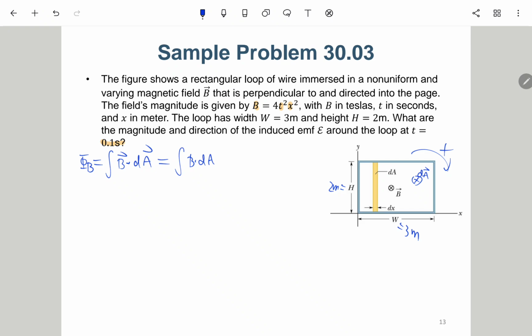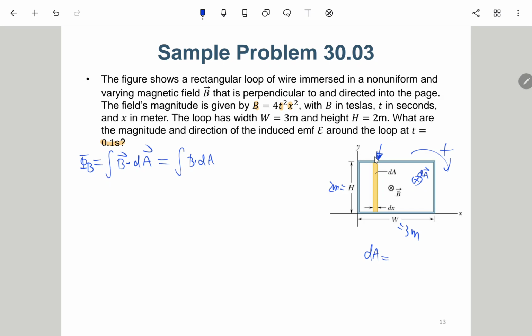Here we use a Cartesian coordinate system. Originally dA would be dx dy, but since B has nothing to do with y, we can just cut a vertical rectangle. So we only need to cut it along the y-axis because the B field has nothing to do with the y coordinate.